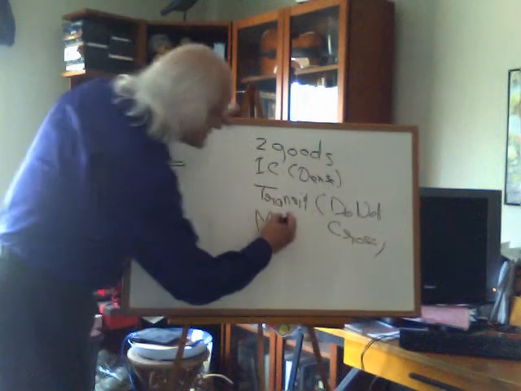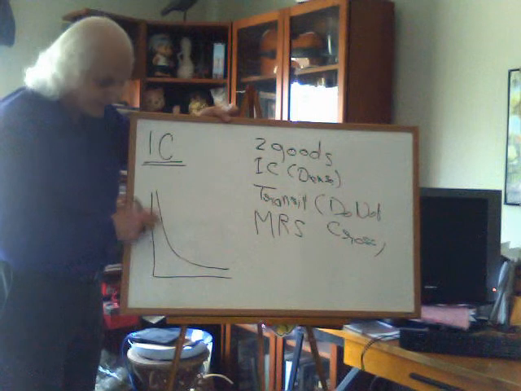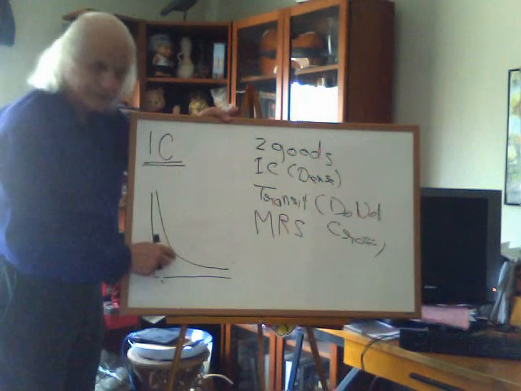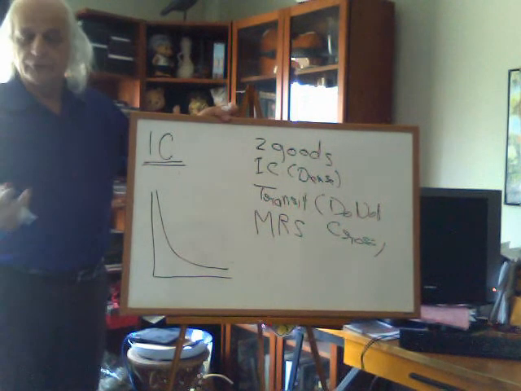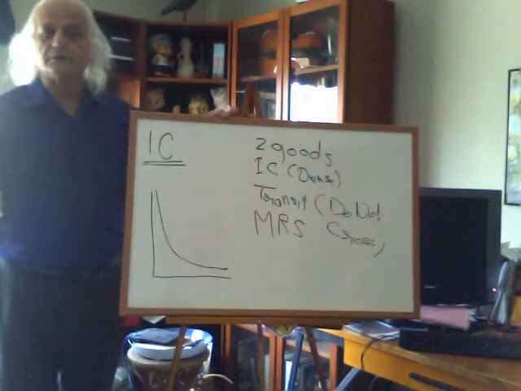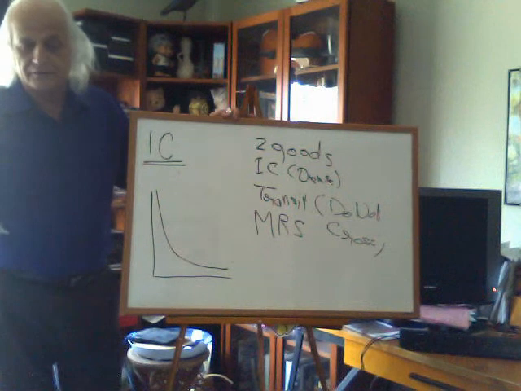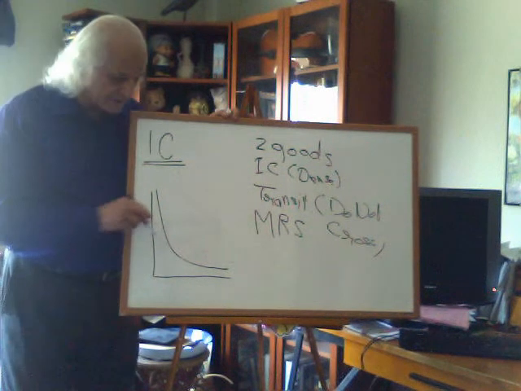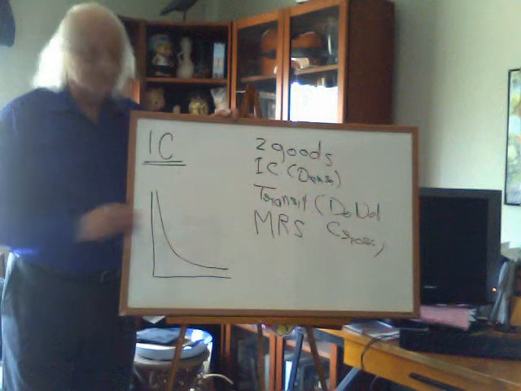And we're going to call this the marginal rate of substitution. That's to say, the rate over here is different than it is here, it's different than it is here, it's different than it is there, right? Those of you who have a slightly stronger background in quantitative analysis in math, let me just mention it for the sake of it. What is the rate of change at a particular point? It's the tangent, right?